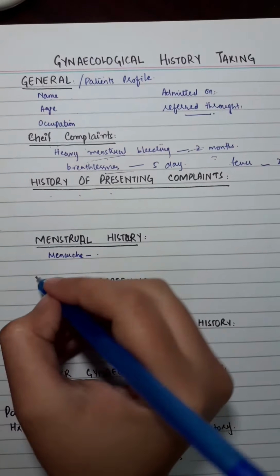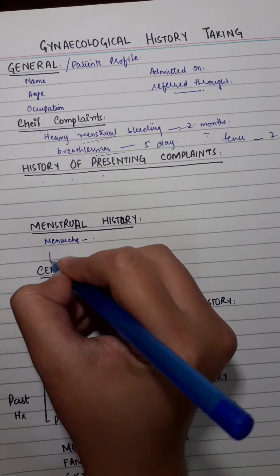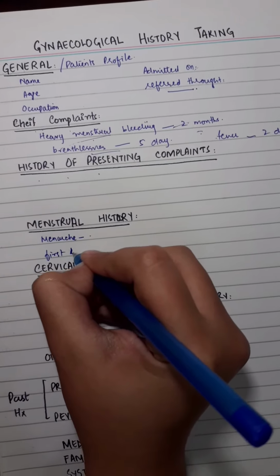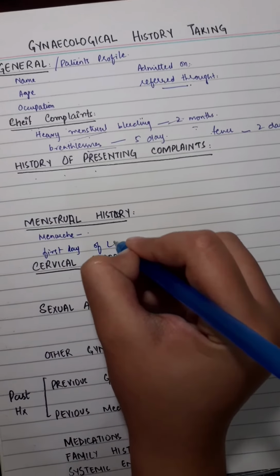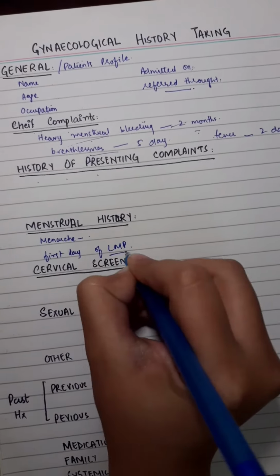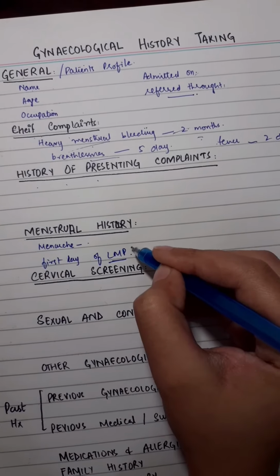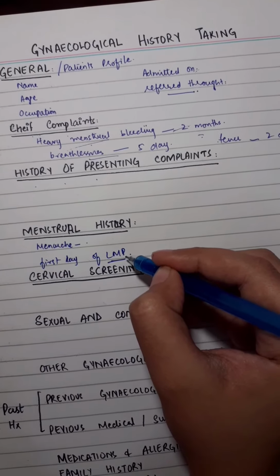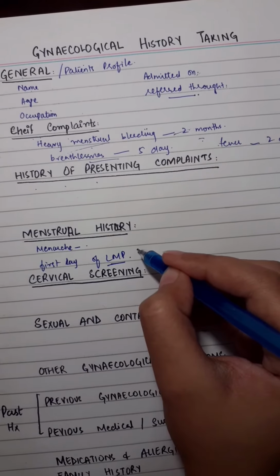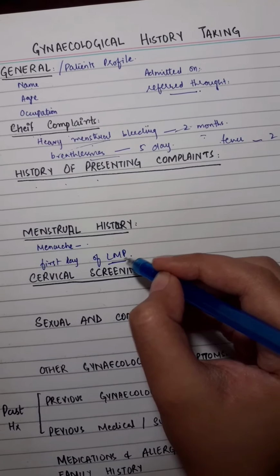Then you are also going to ask about the first day of LMP. That is important. As in OBS history, we also ask about the first day of LMP because this is important in determining the EDD and also other diseases.